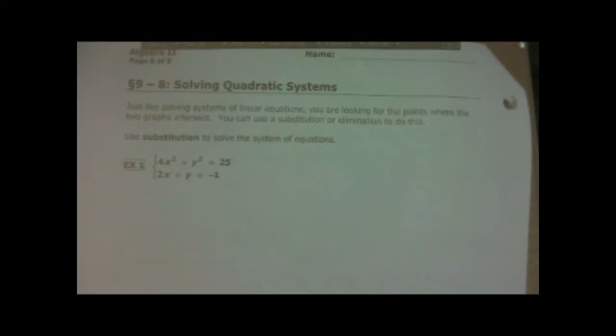Whether we use substitution or elimination depends on what we have to work with. So let's just see what we've got here. In my very first problem, I've got something with x squared and y squared, and here this has just plain x and y. This will be a line. So let's go ahead and graph this on Desmos, and I'll show you what this looks like.